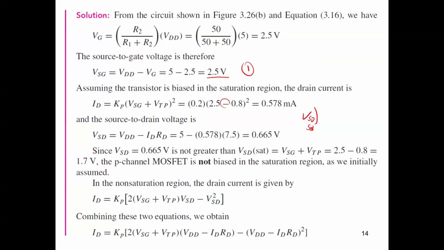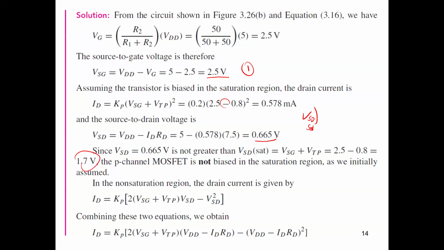So now 1.7 volt means our case is not achieved, because as you can see, VSD is less than VSD saturation, which means our transistor now is working in the linear mode, not in the saturation mode.